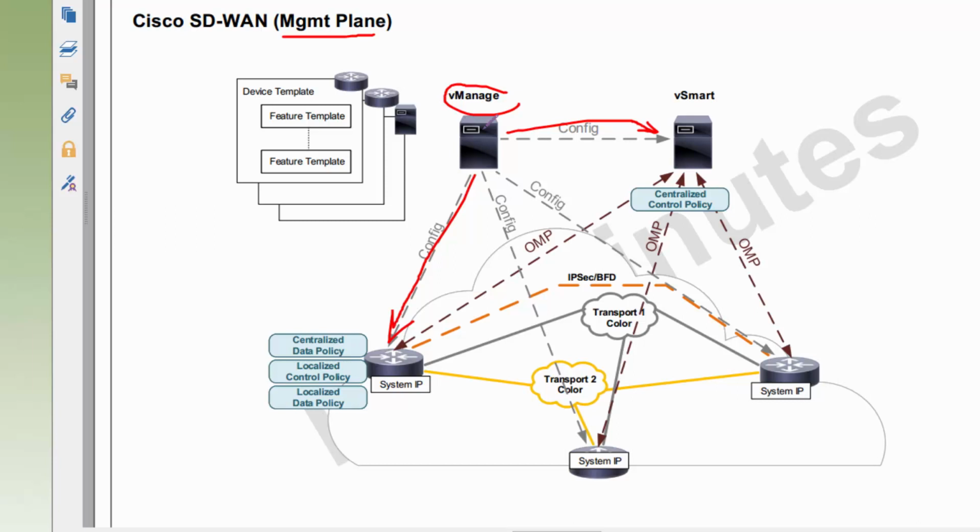There's a concept of templates, right? This is to promote configuration standards, modularity, and scalability. vManage uses something called configuration templates. Pretty much all of the supported features can be configured in feature templates. For instance, global config like location, SNMP, syslog, DNS server, OMP, or more device-specific config like interfaces and VPN.